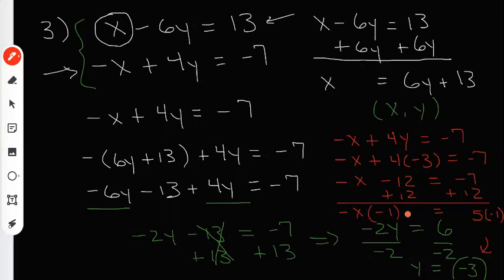So then if I multiply by negative 1, I get x equals negative 5. So now I know what my x is. My x is going to be negative 5. And I know what my y is. My y is going to be negative 3.